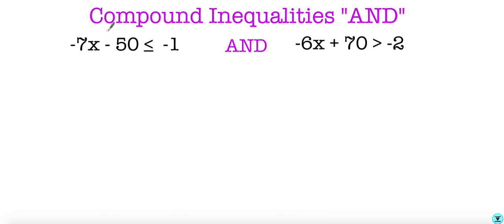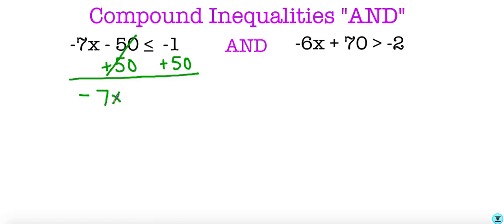Here I have negative 7x minus 50 is less than or equal to negative 1. So the first thing we do is we add 50 on both sides. And this way our negative 50 cancels out with the positive 50, and I'm left with negative 7x is less than or equal to 49.